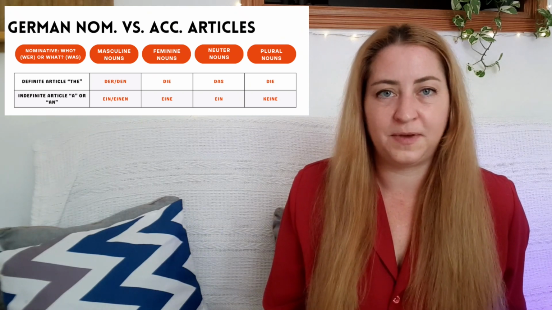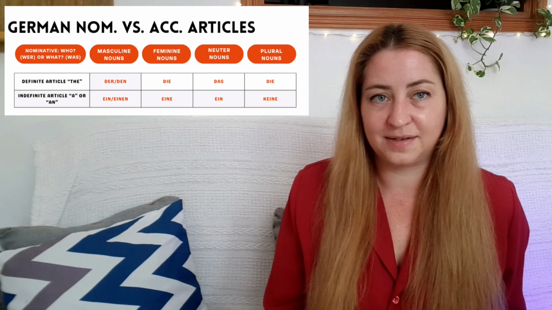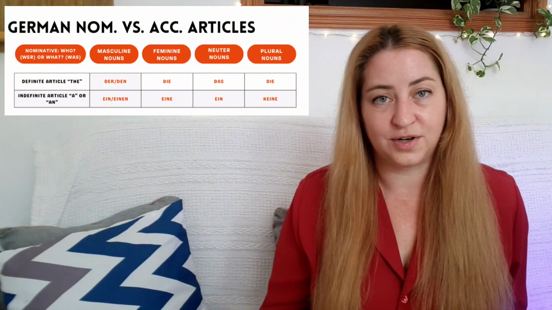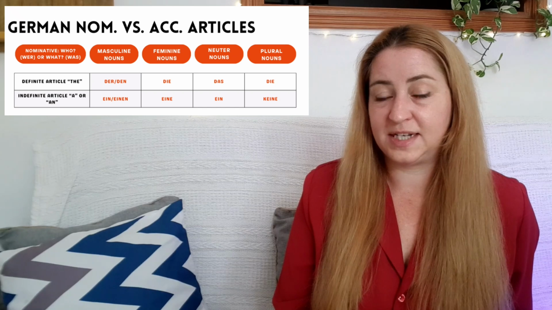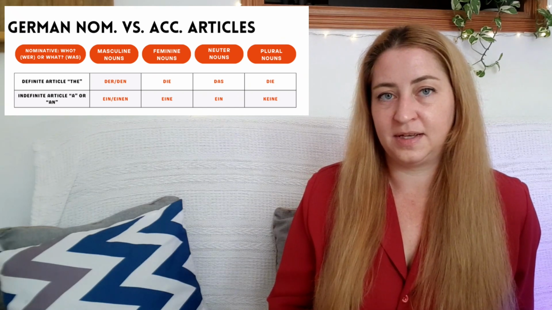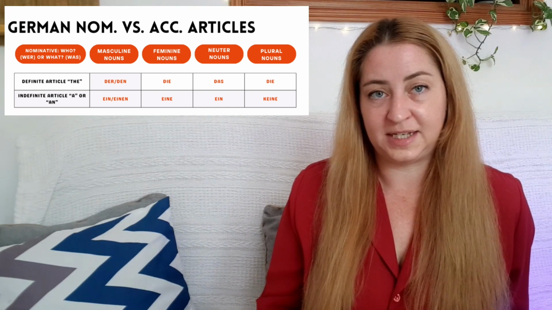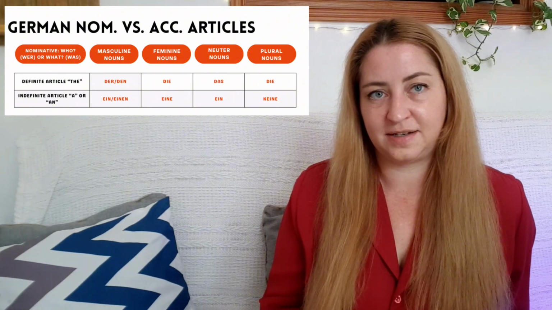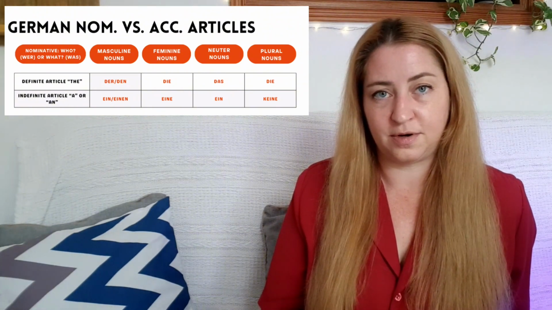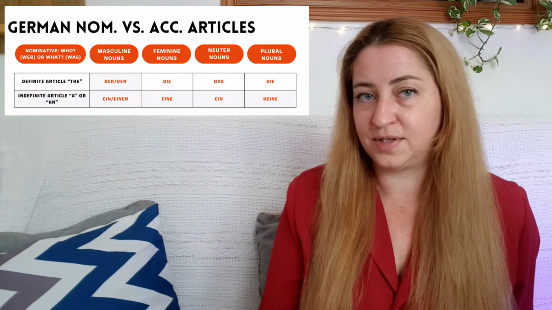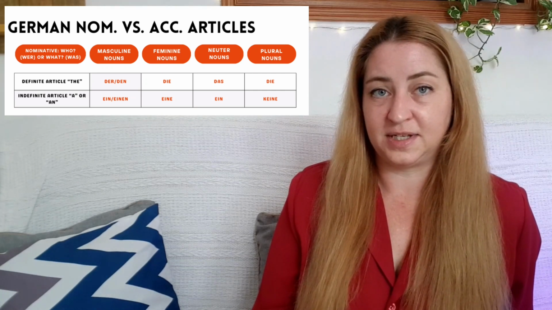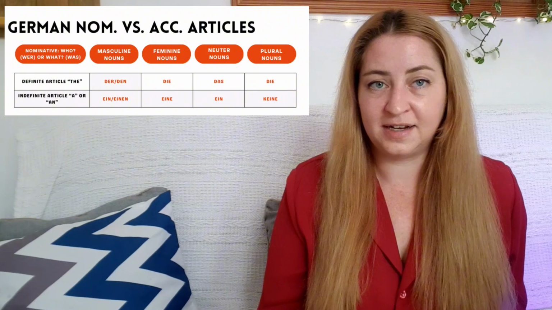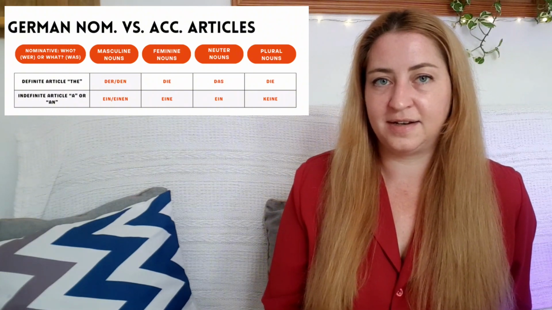Accusative, whom, wen, or what, was. Our definite articles for masculine were der, nominative, den, accusative. And in both cases, we have die, feminine, das, neuter, and die, plural. The indefinite articles were ein, masculine, einen, in accusative, feminine, eine, neuter, ein, and plural, keine.